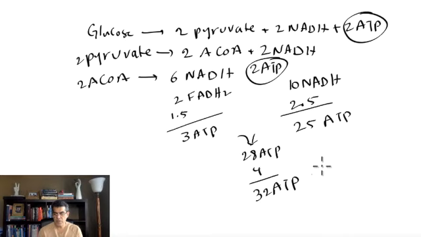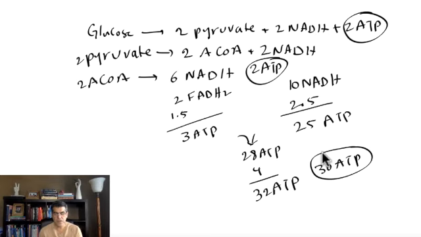But many times we create only 30 ATP, and the reason for that is the efficiency of this process is not exactly what I said. This is like when you buy a car, they tell you that the car is going to give you 30 miles per gallon of gas, but when you're driving yourself, you don't get that number because the number they give you is in the perfect scenario.